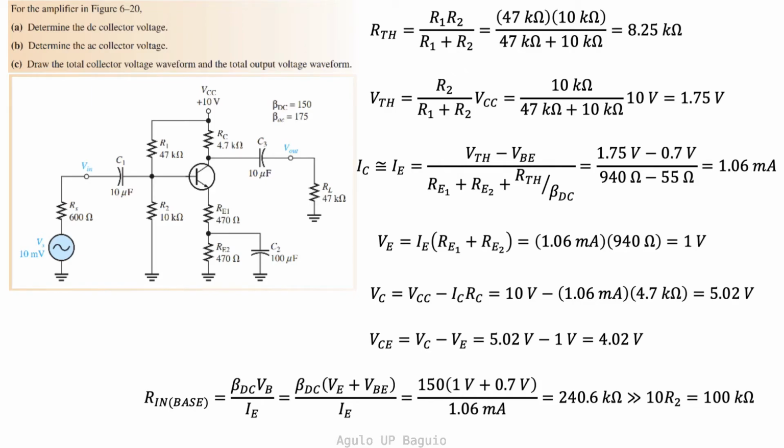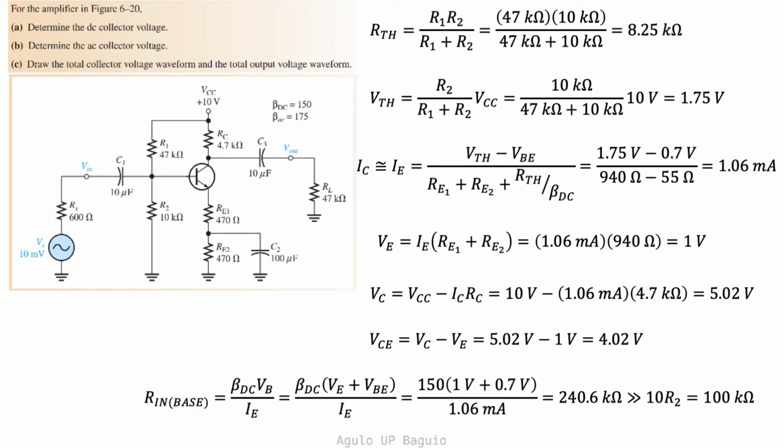The source resistance is 600 ohms. C1 is 10 microfarads, C2 is 100 microfarads, and C3 is 10 microfarads. The load resistance is 47 kilo ohms. The voltage divider resistors are R1 equals 47 kilo ohms and R2 equals 10 kilo ohms, and the collector resistor is 4.7 kilo ohms.